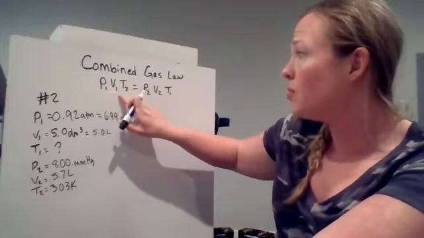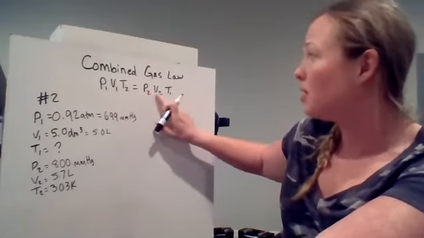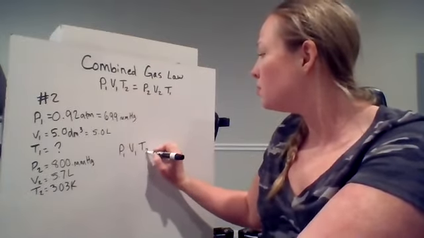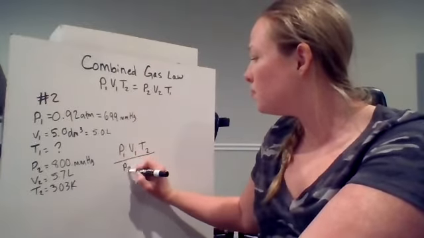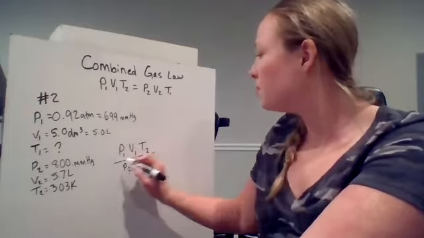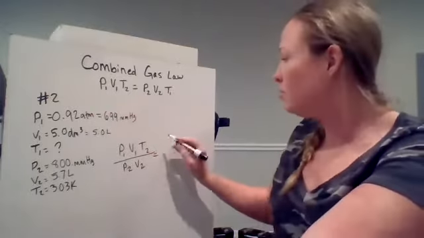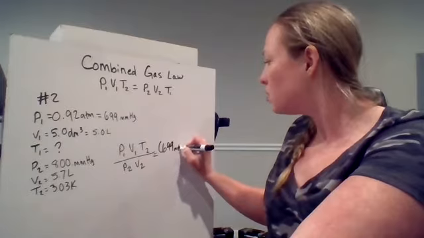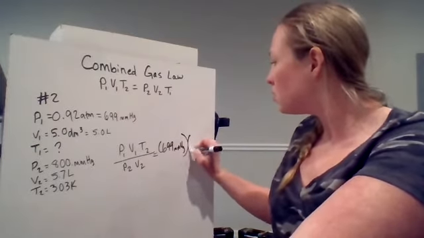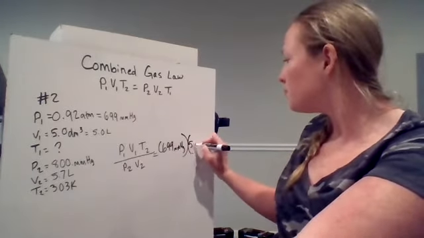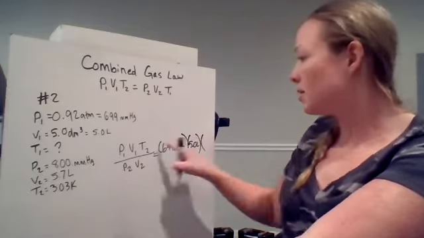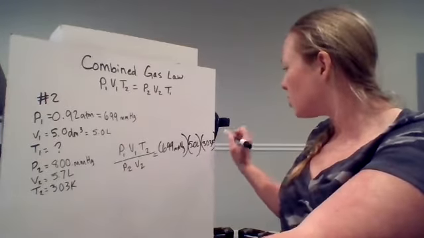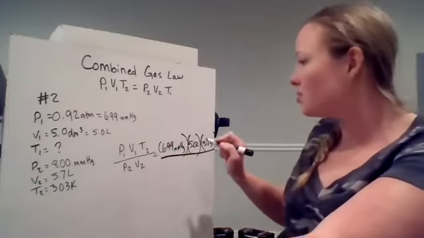All right, so we're looking for T1. So we're going to do P1, V1, T2 divided by P2, V2. And then we're going to plug in our values. All right, T2, 303 K. Running out of space here. I'm missing my big whiteboards at school, you guys.